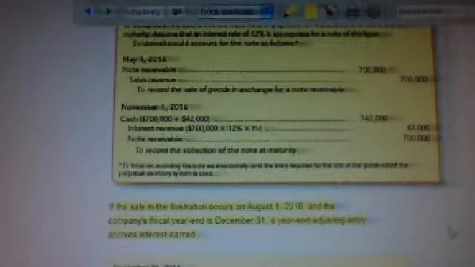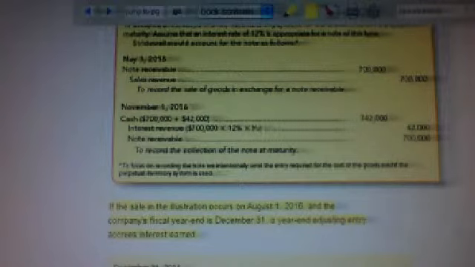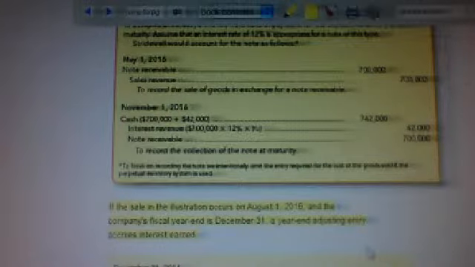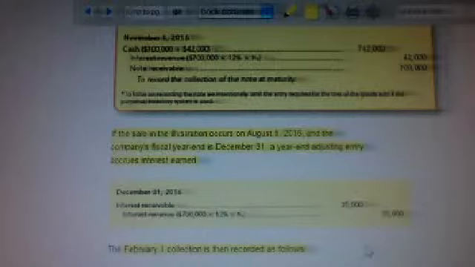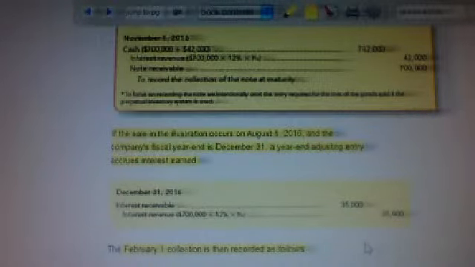Now, if the sale occurs on August 1st as opposed to May 1st, then our year-end December 31 period is going to be straddled by the term of the note. So what we have to do when that's occurring is when December 31 hits, we have to accrue any interest up to that day, even though the note has not matured.